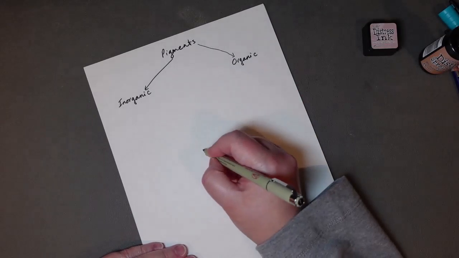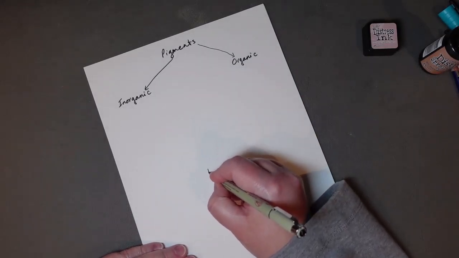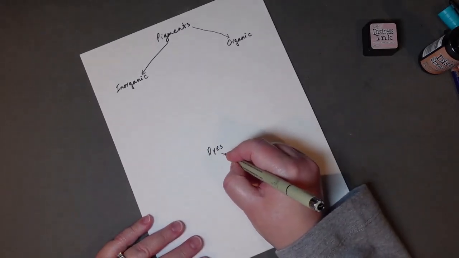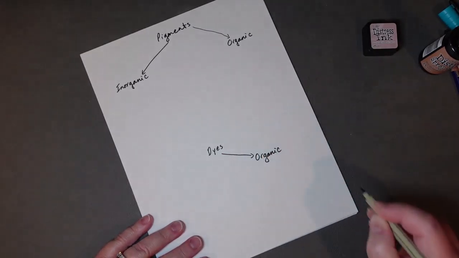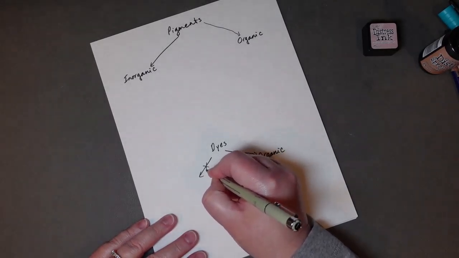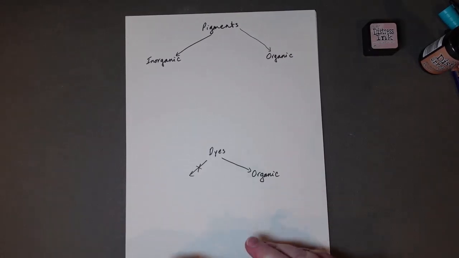And we need to talk about dyes. And dyes are always organic. So there are no inorganic dyes. What do I mean by inorganic and organic?